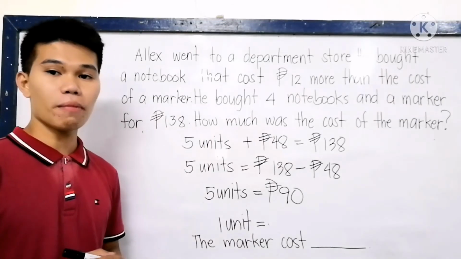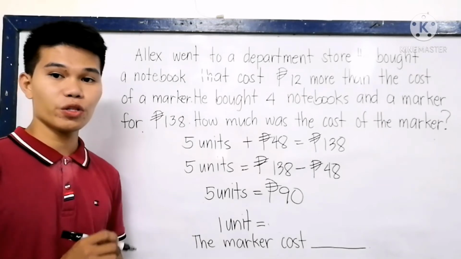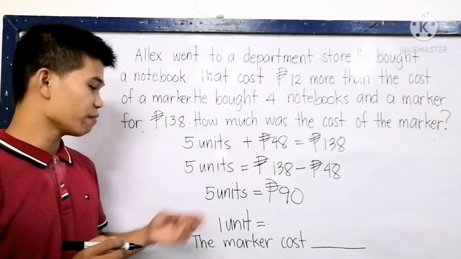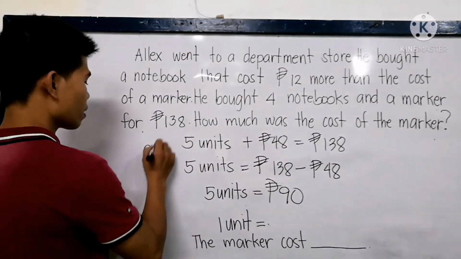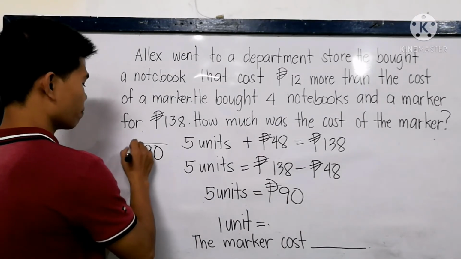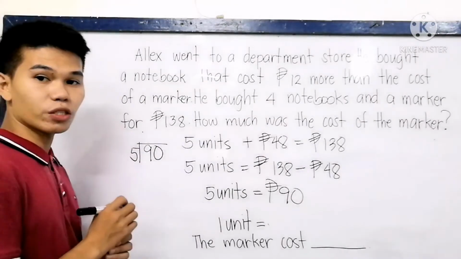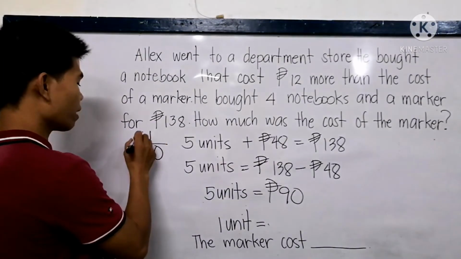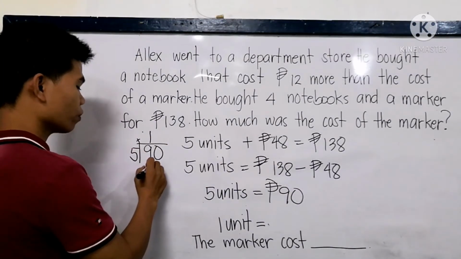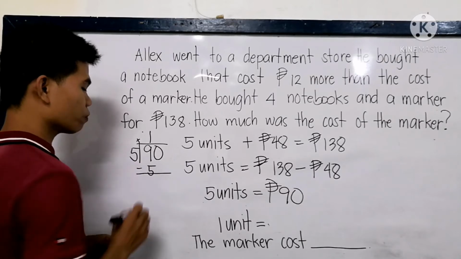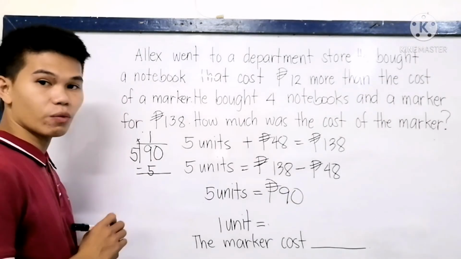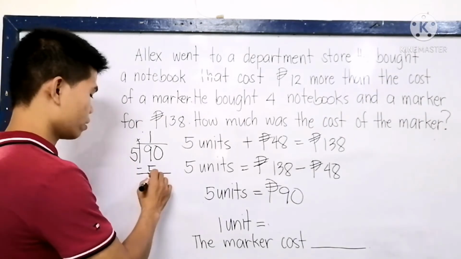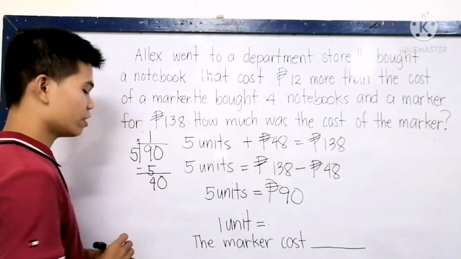Now, to find the total amount of a marker, we are going to divide 90 pesos by 5 units. So 90 divided by 5. 9 divided by 5 is equal to 1. 1 times 5 is equal to 5. Then proceed to subtraction. 9 minus 5 is equal to 4. Then bring down 0.